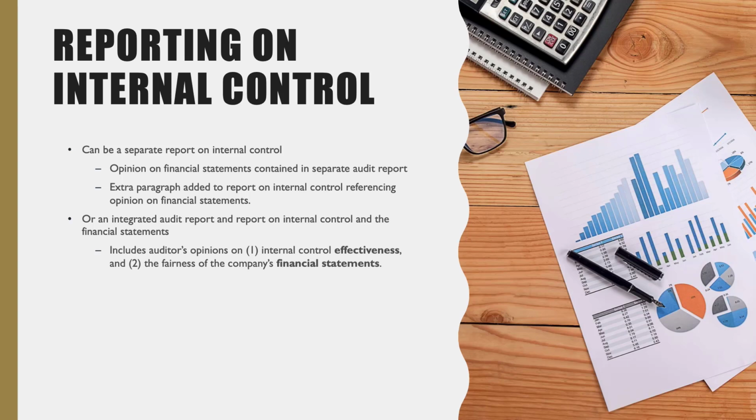One is the report on the financial statements, including the opinion on the financial statements, and the other is the report on internal control over financial reporting, which includes the opinion on the effectiveness of internal controls. Ultimately, the choice between an integrated report and a separate report depends on regulatory requirements, company preferences, and the desire for a streamlined or more detailed presentation of audit opinions.